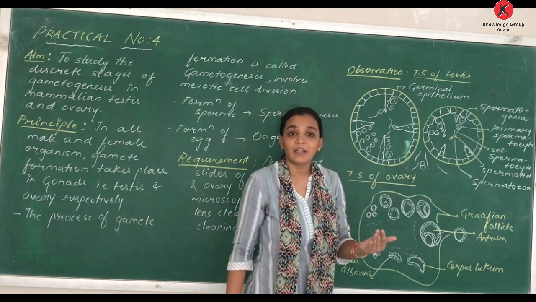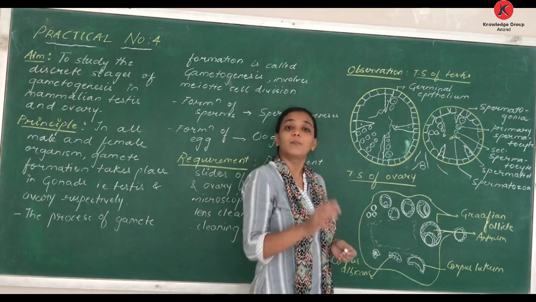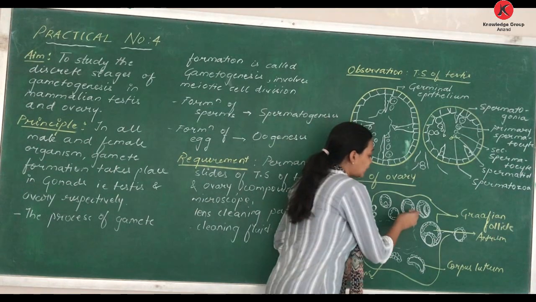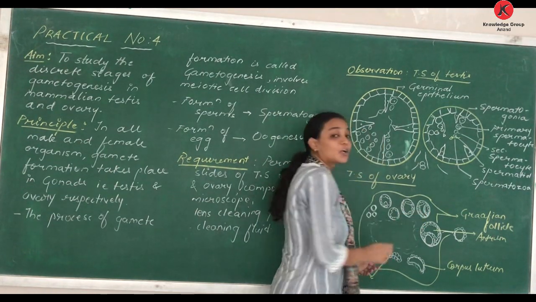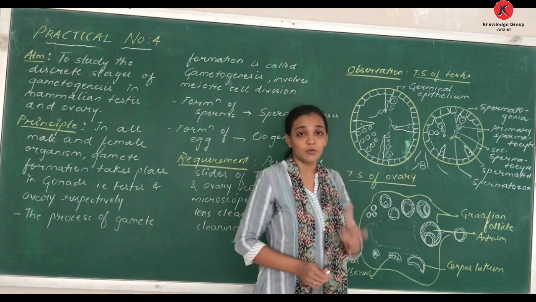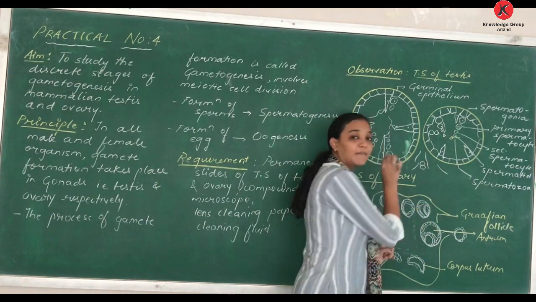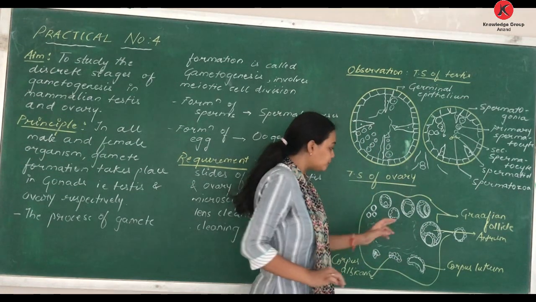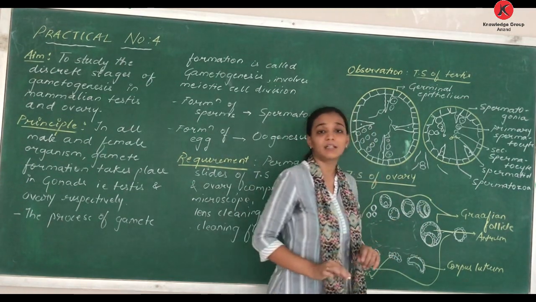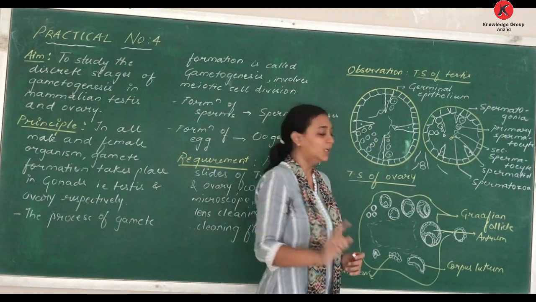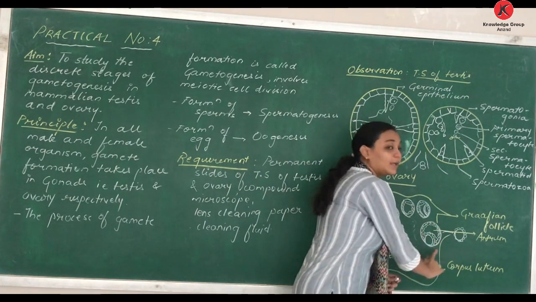Now the primary oocyte has divided and formed the secondary oocyte. So there will be formation of the tertiary follicle with the secondary oocyte, characterized by a fluid filled cavity which is called the antrum. The largest size follicle that you will be able to observe is the Graafian follicle.